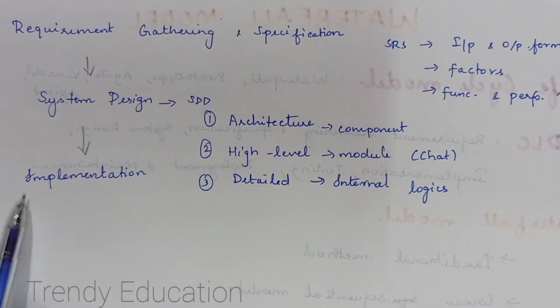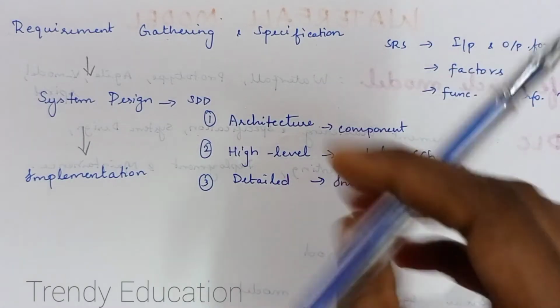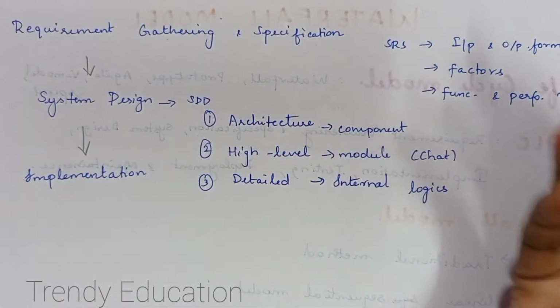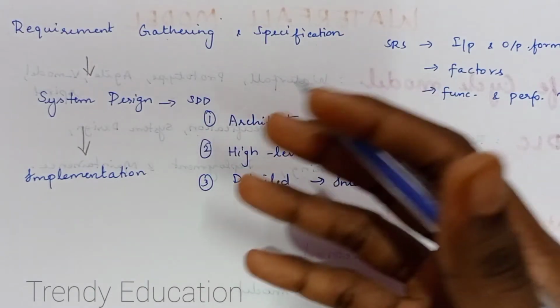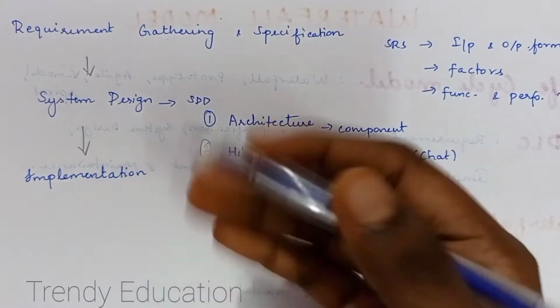Once they finish this phase, it will move on to the implementation phase, which we call the coding phase. Here the main thing is they'll code whatever the document the design team gave. They'll code according to that.